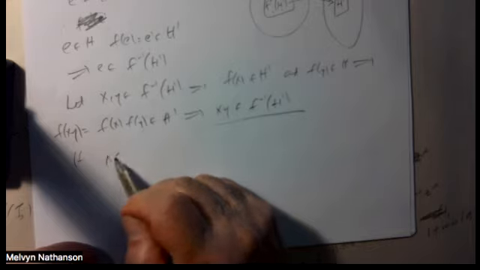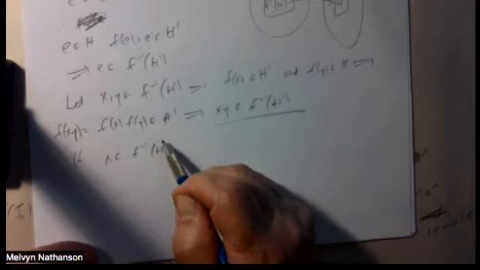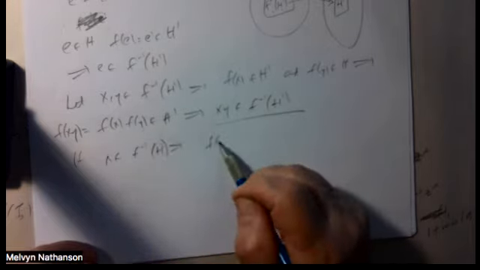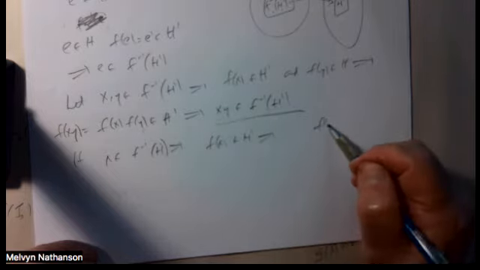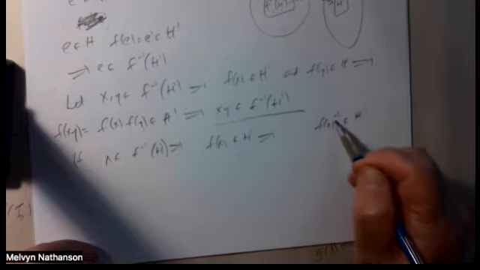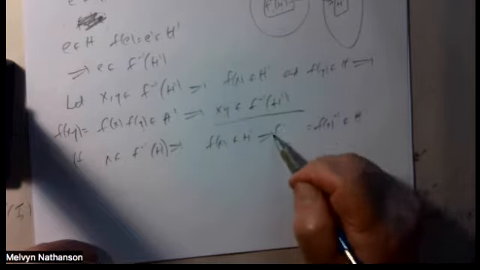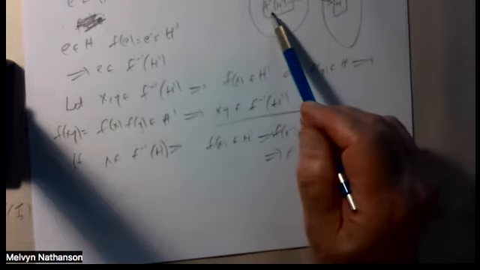And if x is in f inverse of H prime, that means f of x is in H prime, which means, and H prime is a subgroup, f of x inverse is in H prime, but the inverse of f of x is f of the inverse of the element x inverse. So x inverse is in f inverse of H prime. So if we take a subgroup H prime and look at its inverse image, first of all, it contains the identity.